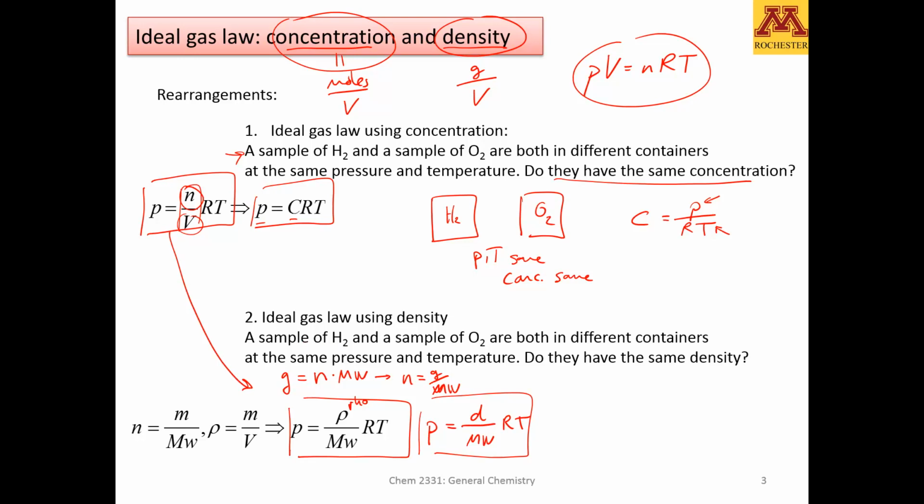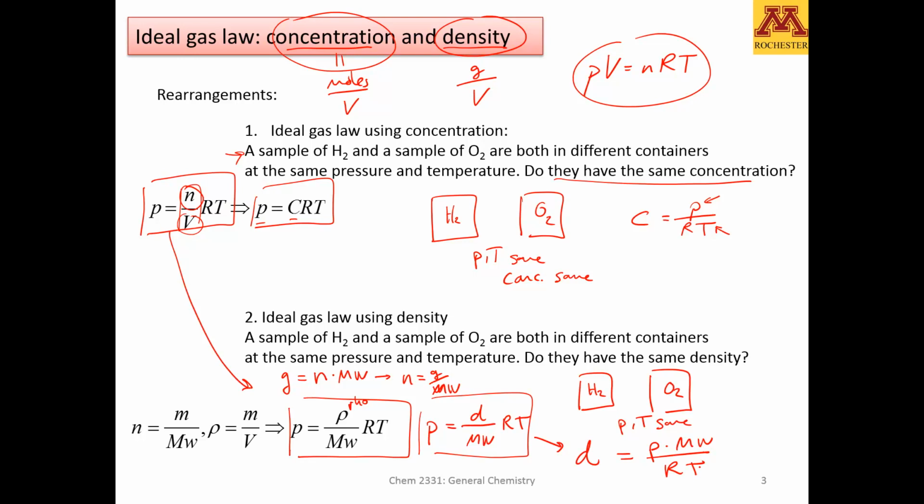So let's solve a problem. A sample of hydrogen and a sample of oxygen, we are in the same place here as before. They have the same temperature and pressure. The question is, do they have the same density? Well, in this case, the density, I'm just rearranging it from here, will be pressure times molecular weight divided by RT.